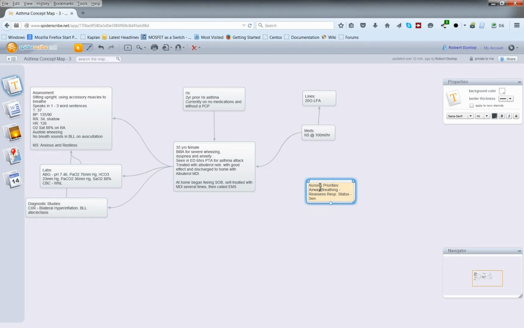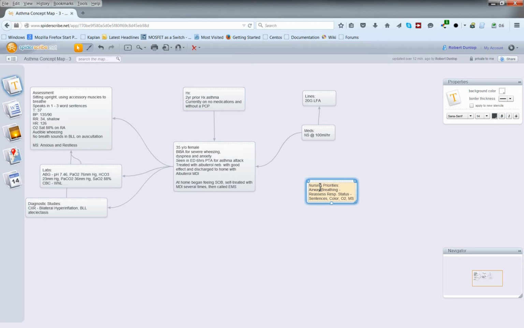So, sentences. Is she still speaking in 1 to 3 word sentences, or is she down to 1 word or up to 10? Her color, of course. O2 sat. I'm actually not listing these in the actual order of priority, but just what I look at when I walk into the room. What's her mental status?